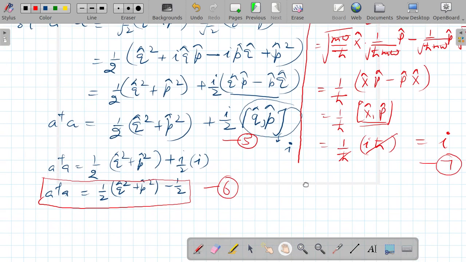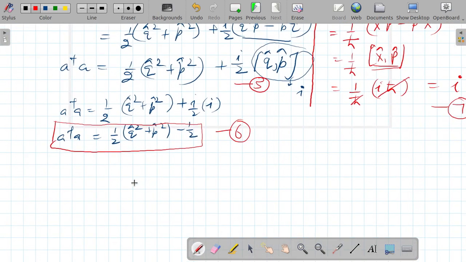So therefore, now how I can proceed, that from here 1 by 2 q square plus p square, it must be equal to a dagger into a plus 1 by 2, and let me call it as equation number 8.